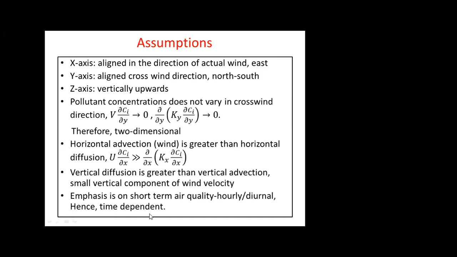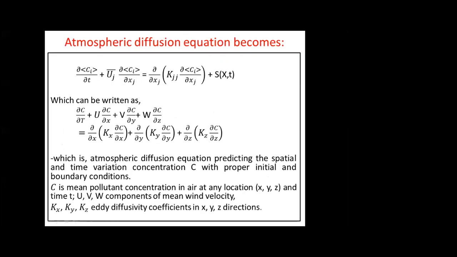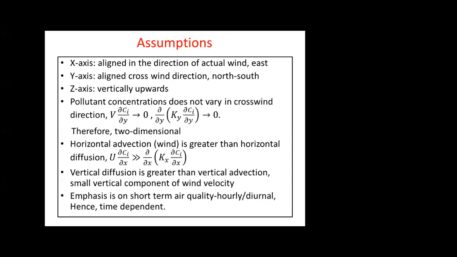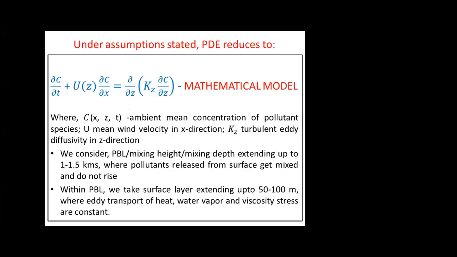So therefore, we retain the time dependency. So with all these assumptions, we are now arriving at the mathematical model which predicts the air pollution in the urban area, and that is this one.